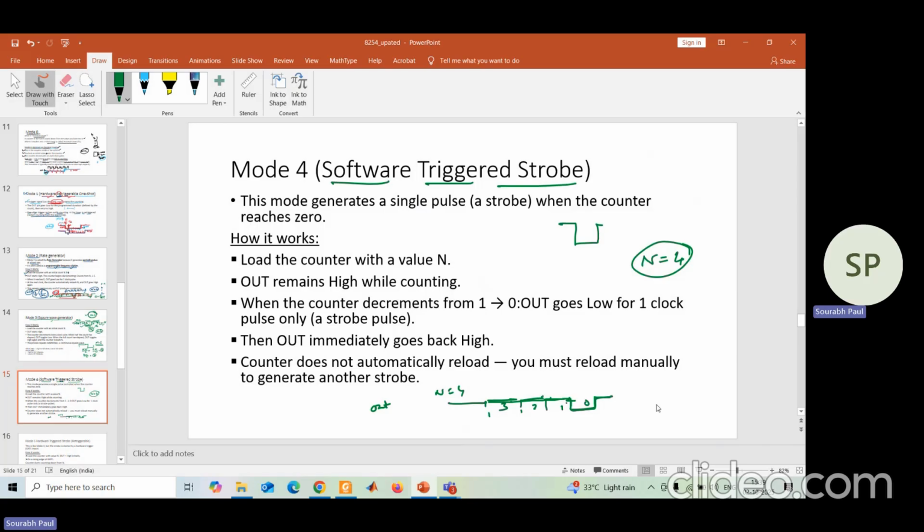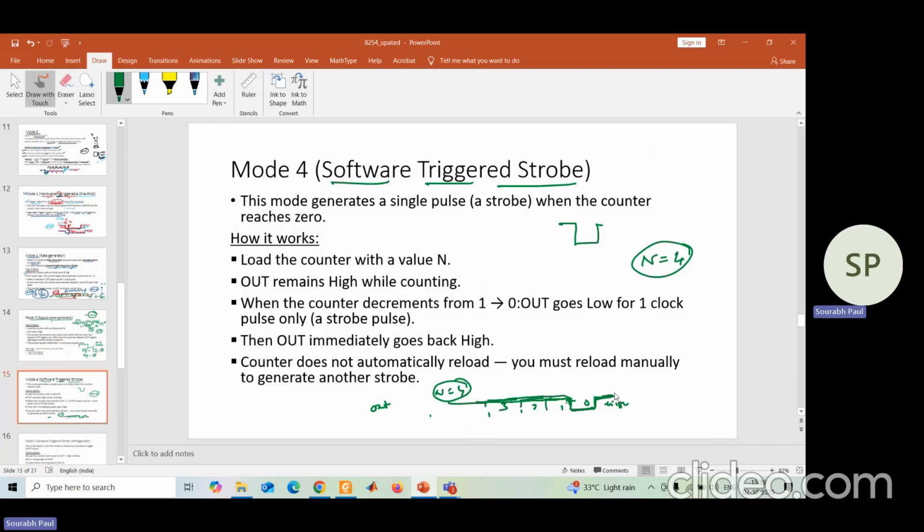This will be the shape of the signal, but it is not getting repeated. After the 0 count, it will stop and again become high and remain high. So when you have given n equal to 4, the out will generate a high value, and at the last count, the 0 count, it will be low, and then automatically become high and remain high.